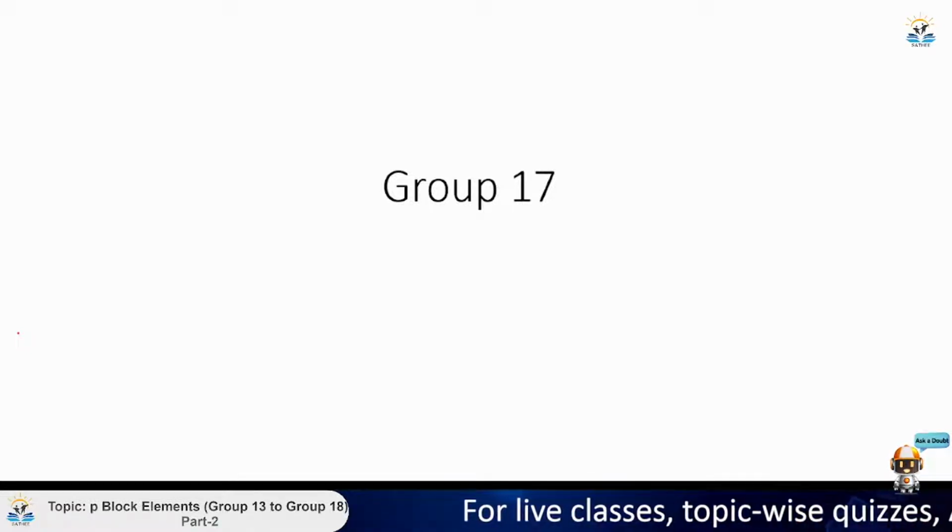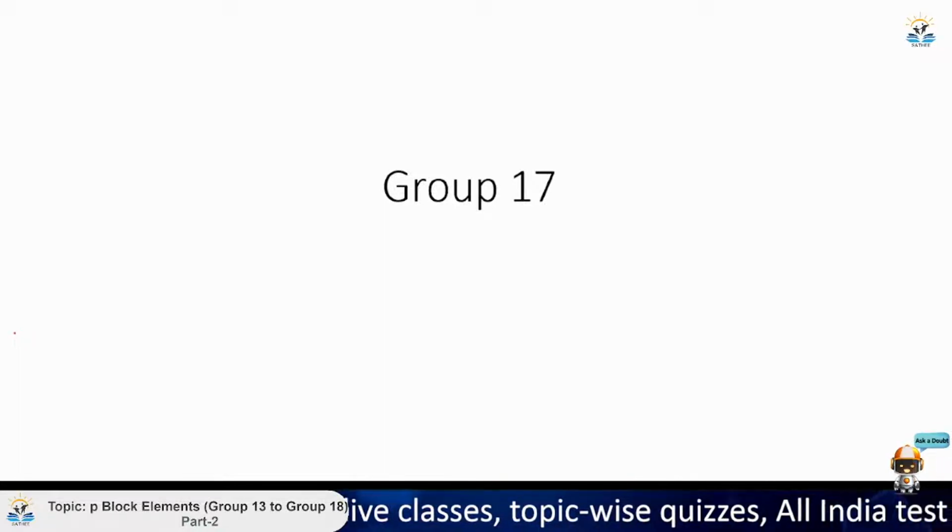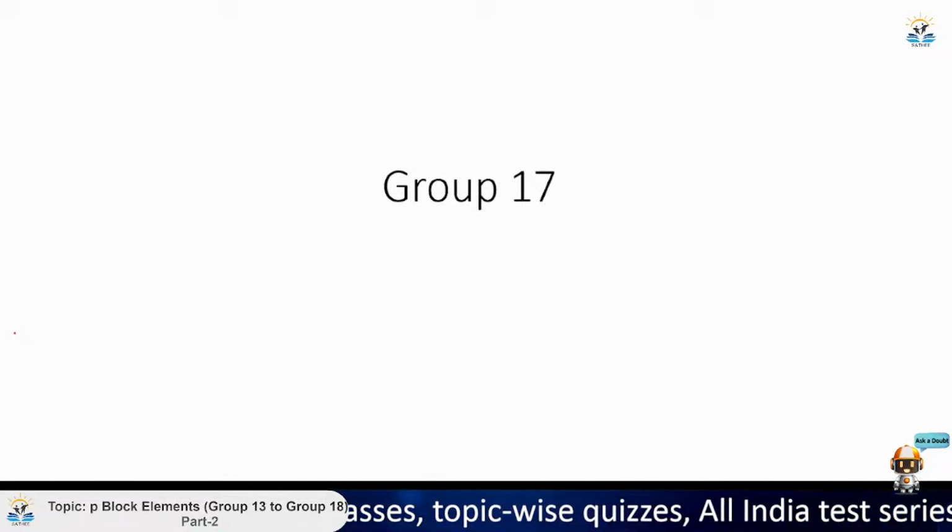Okay. Next, we'll talk about group 17. Group 17 elements are basically all our halogens. Again, I have just taken the tables for this, and I would suggest that you take the NCERT on this very seriously.